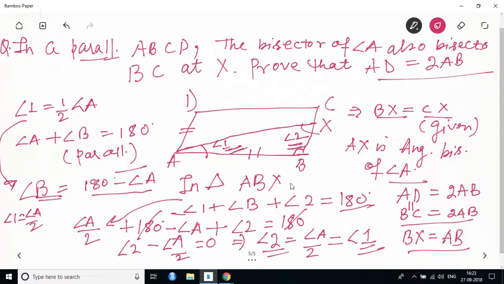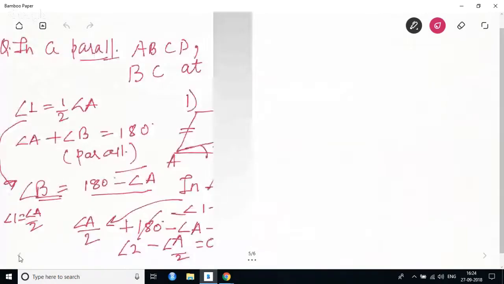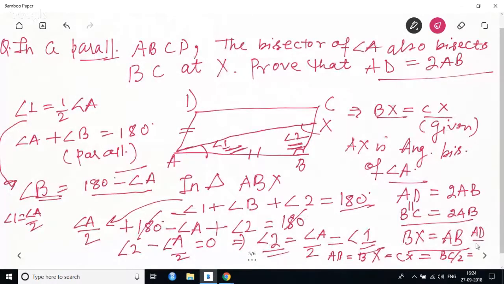And if angle 2 is equal to angle 1, then I can write that AB is equal to BX. And if AB is equal to BX, which is also equal to CX, so BC is equal to 2BX, which is equal to AD.